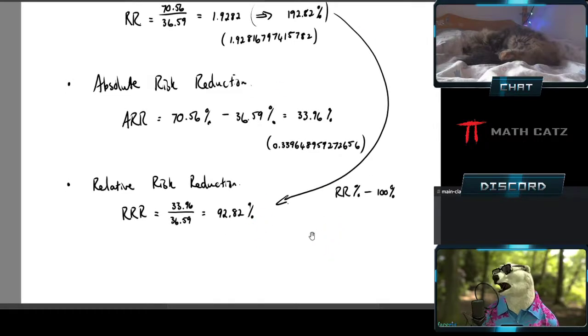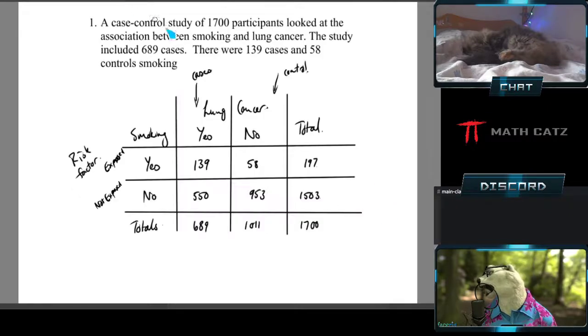So though my probability of getting lung cancer is 2 times greater if I smoke, the increase in my probability by smoking, my chances are increased by 92.82%. On top of the baseline 100%, that's going to happen anyway.